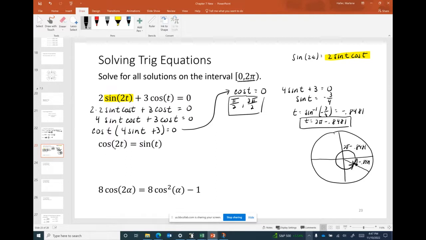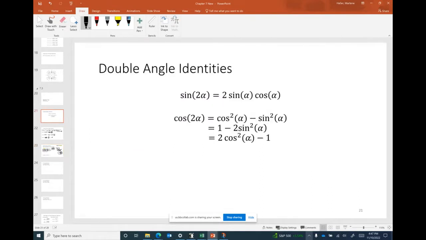We're going to need to use one of the double angle cosine identities. Which one should we use? We could use any one of these 3 and probably come to a solution. But since I have only a sine in the equation along with the cosine of 2 times the angle, I'm going to use this middle version because it might be the easiest thing to solve.